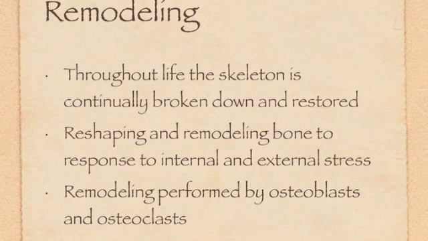If demands are constantly being put on a bone, it will lay down more bone matrix and make a stronger bone, as opposed to a more sedentary lifestyle, where the bone will not be as strong. So Wolff's law is just that the bone will respond to the type of stress that is applied to it.